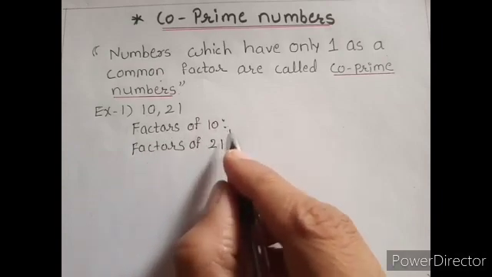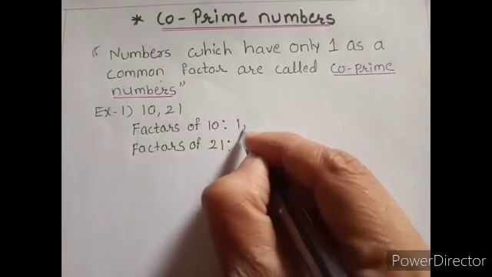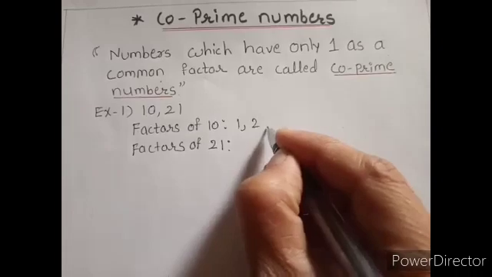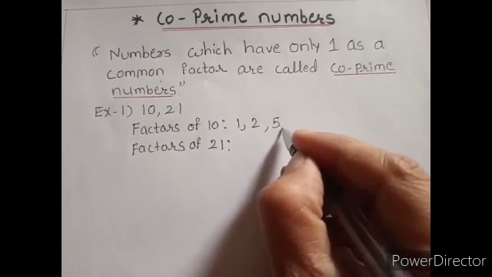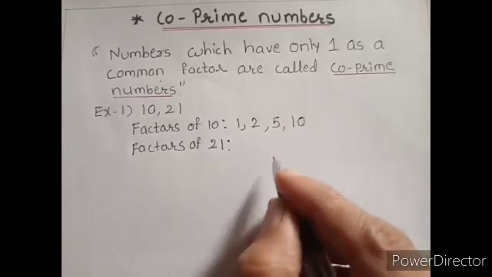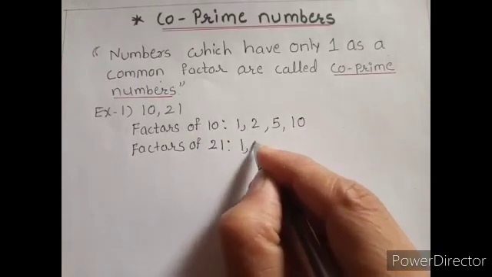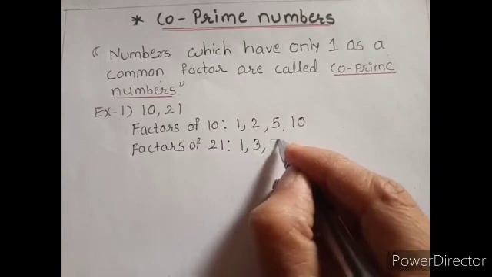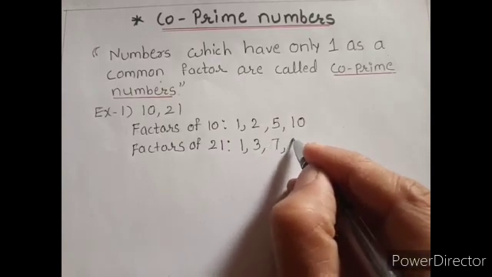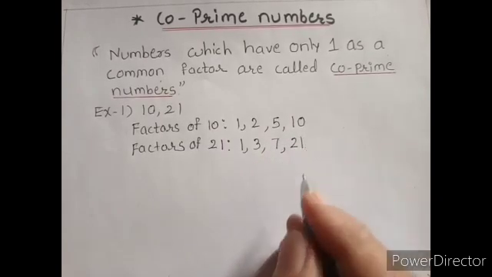First, factors of 10 are 1, 2, 5 and 10. Then factors of 21 are 1, 3, 7 and 21.